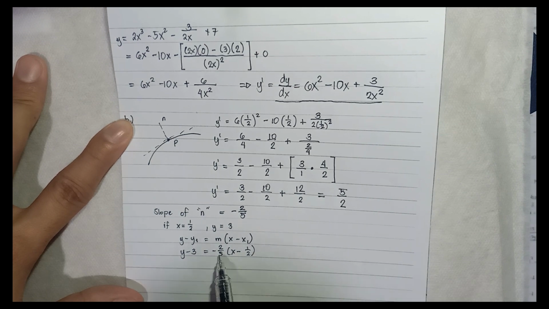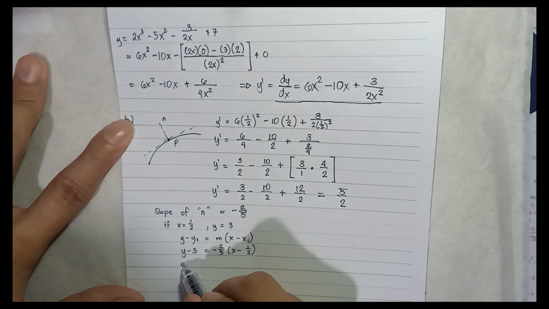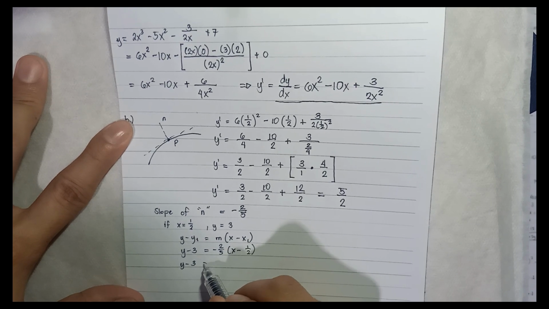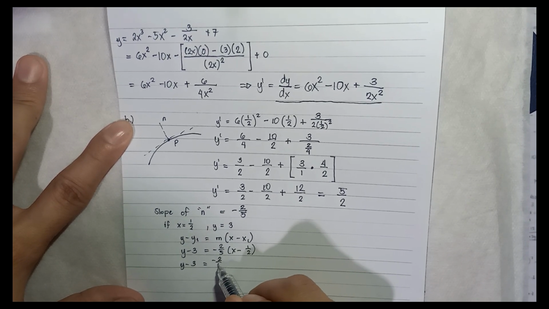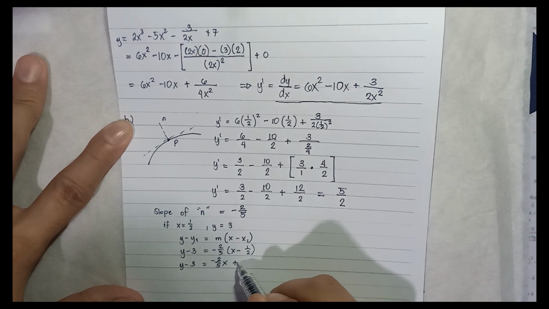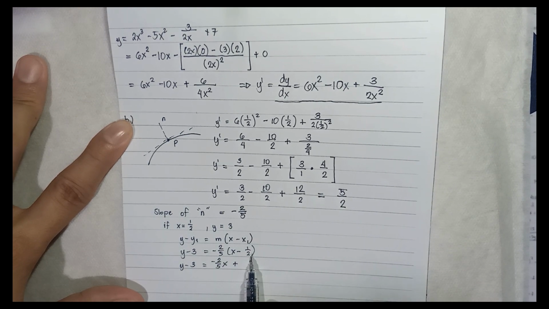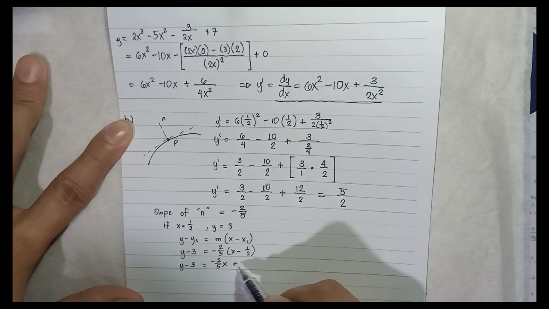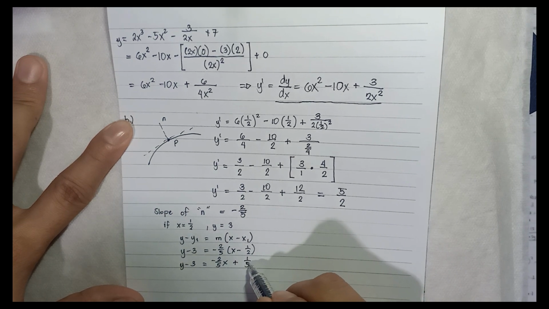Then we distribute this, so we get y minus 3 equals negative 2/5 x plus, we multiply negative 2/5 times 1/2, we can cancel the 2, so we get positive 1 over 5.